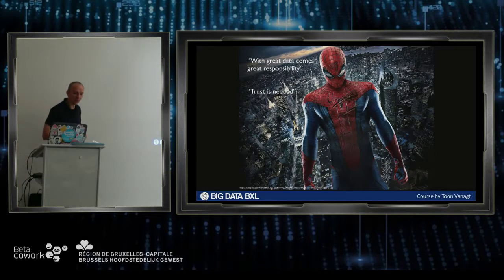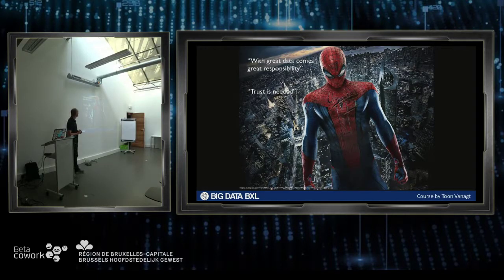So one of the most important ones to me: with great data comes great responsibility. When you are in the privileged position that you can look at and wrangle large amounts of data, this gives you, I won't say superpowers, but it does put you in a very responsible position. I think this is something that's not being discussed enough in big data circles, because it's very much about technology and business purpose, and much too little about what can we do, for what purpose, and is this ethical?